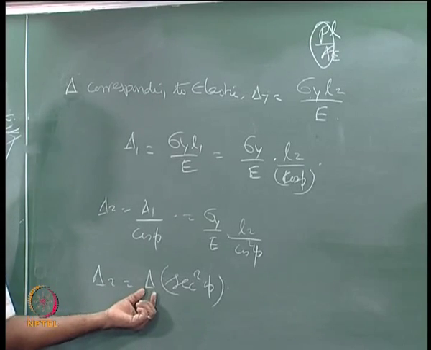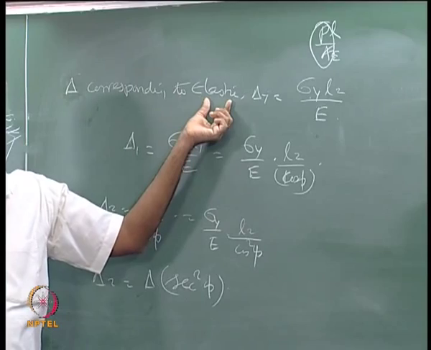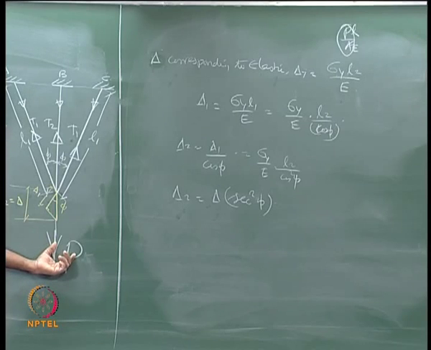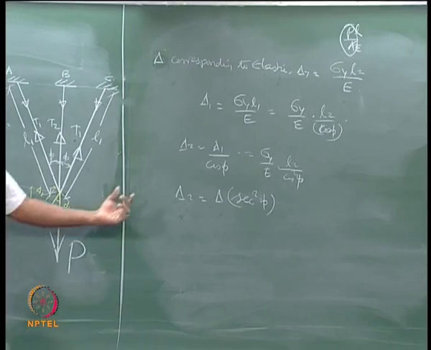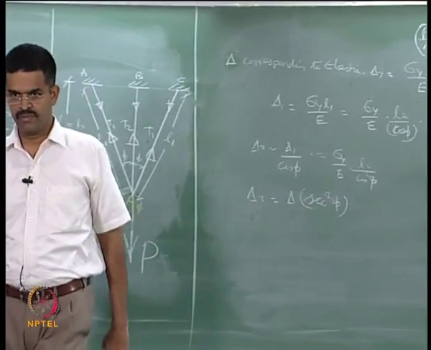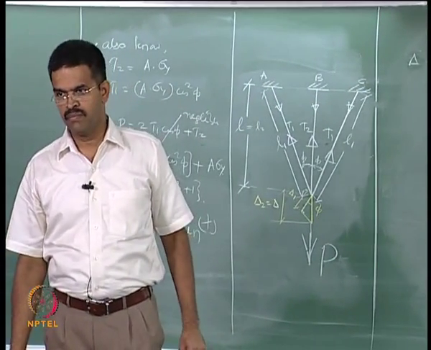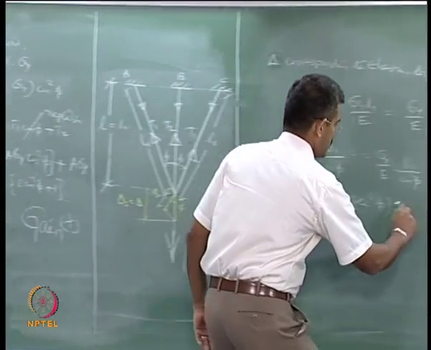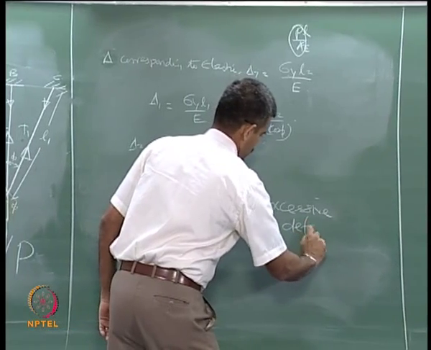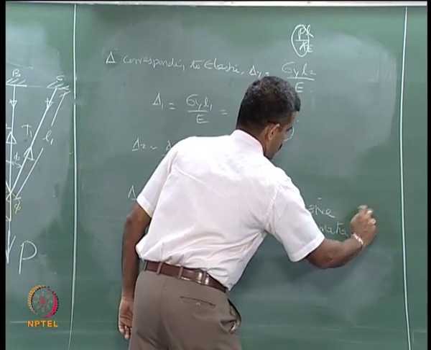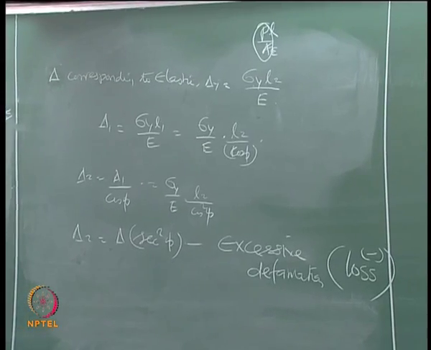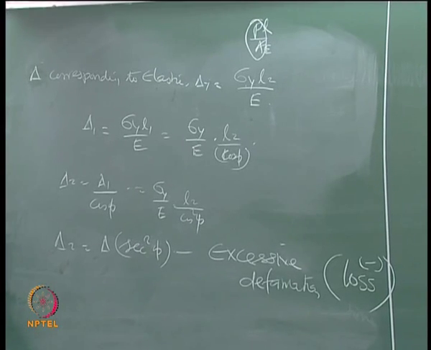Delta is the value corresponding to elastic deformation. Delta 2 is at a plastic stage because P is beyond the elastic value. There is a multiplier here. For a very small value of phi, this value will be very large. So you have landed in excessive deformation, that is the loss.